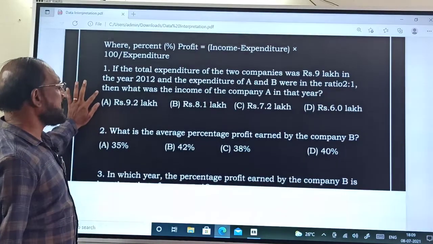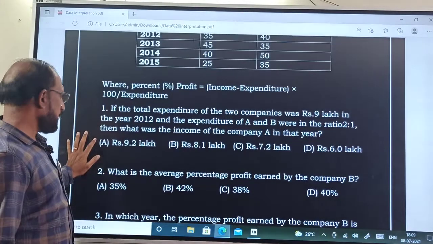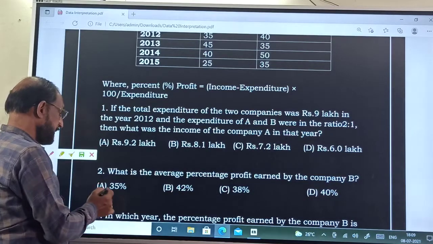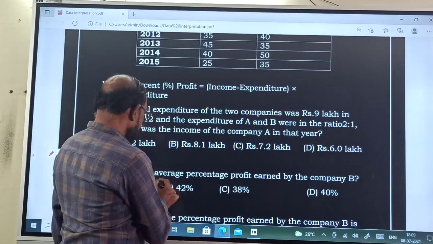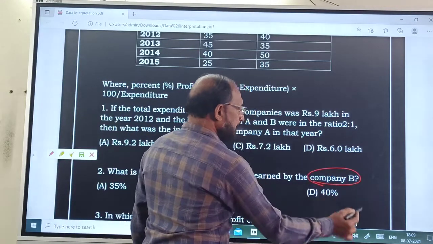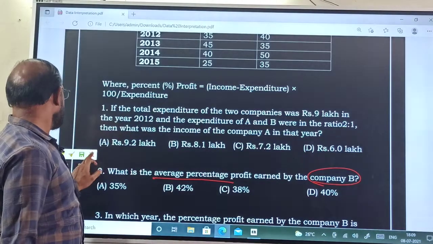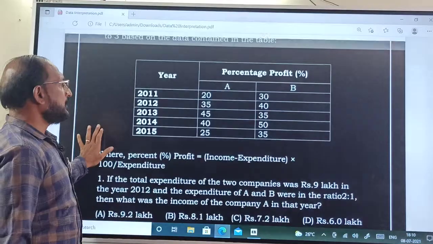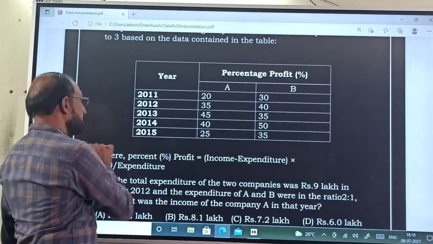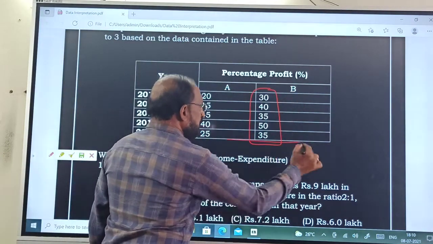What was the average percentage profit earned by company B? Average means the sum of observations divided by the number of observations. So how many total observations are there for company B? What do we get as the total?